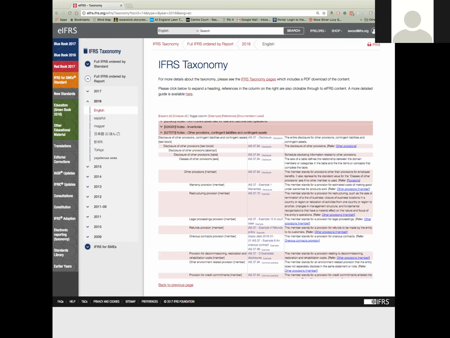Unlike the US GAAP taxonomy, we do not specifically identify members as the domain member or the default member. However, you will notice that members are organized in a hierarchy, and this top level member here, in this case other provisions, is the top member of this particular domain, and will be the default used within this axis.